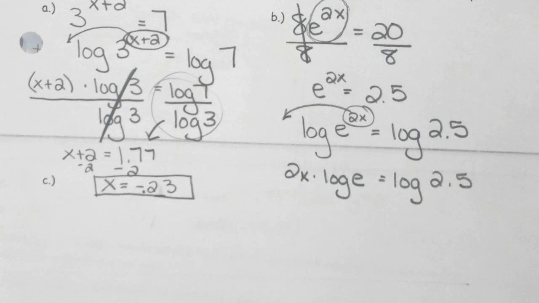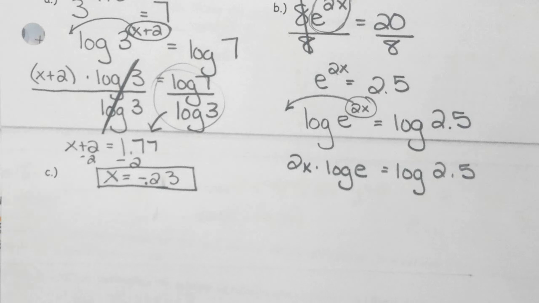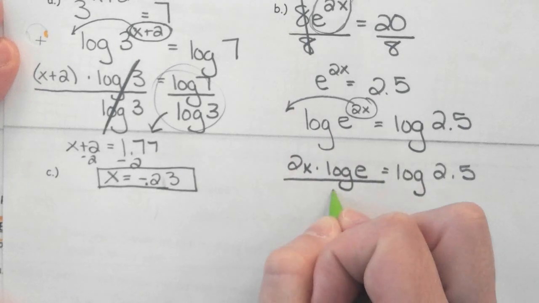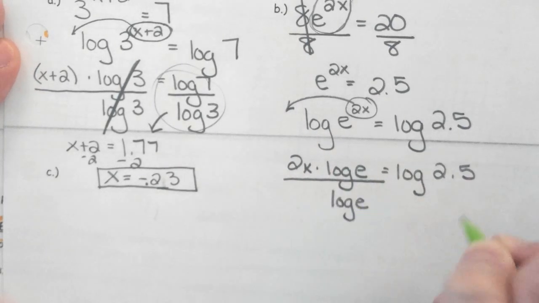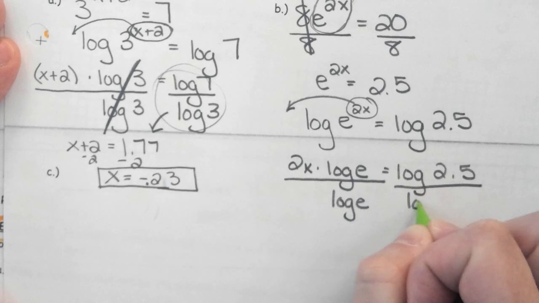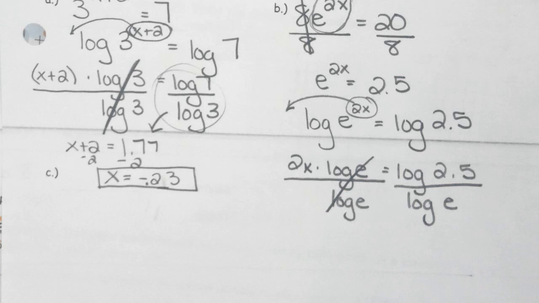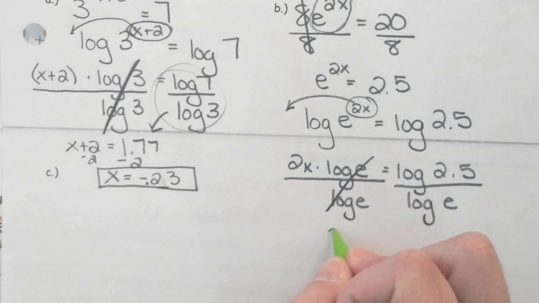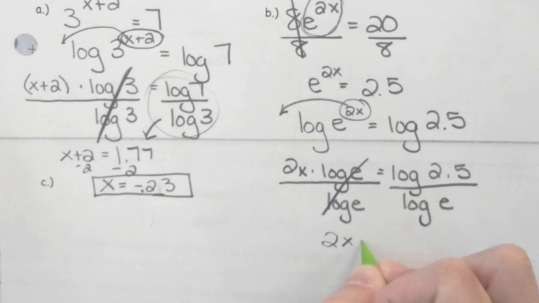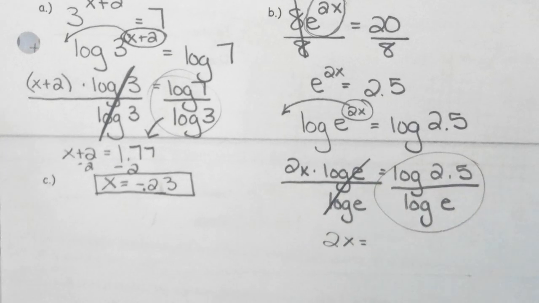What should I do to both sides to get rid of it? Divide it. Again, you're looking at it and you're thinking, what's happening here? Well, we're multiplying. So what's the opposite of multiplication? It's division. So that cancels.